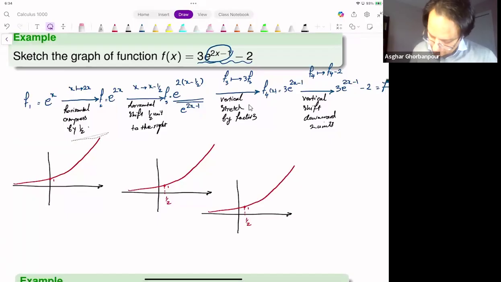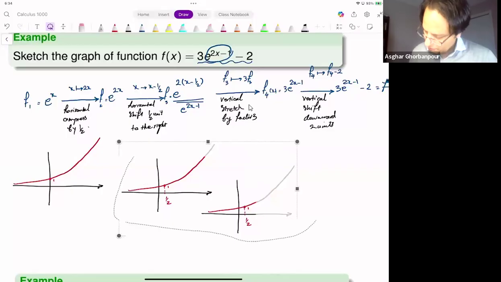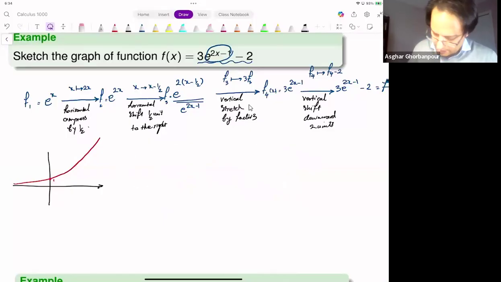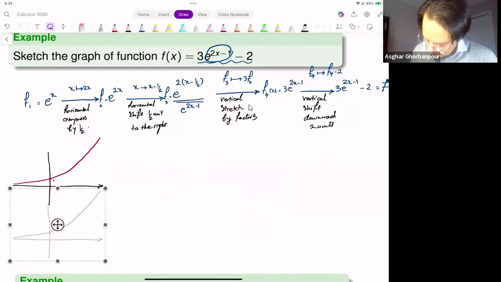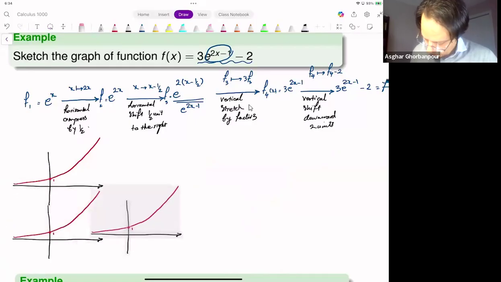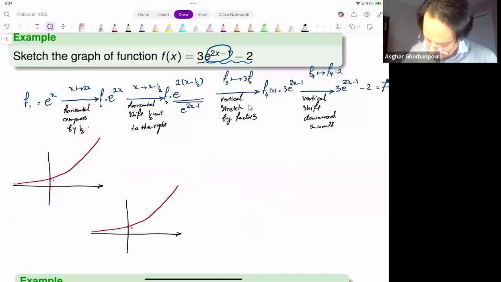So maybe I should go back and do this. I mean, come on, you all know what I'm doing, yes? I try again, copy, paste, then I'll do, oh, this is a horizontal compress because it's in x.